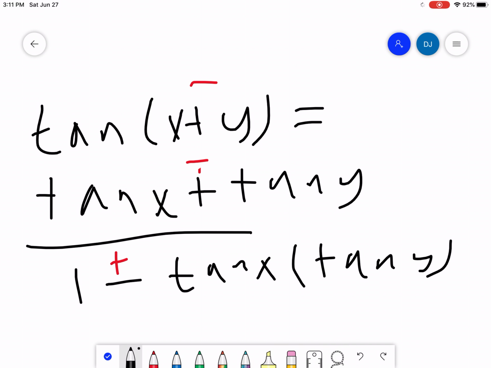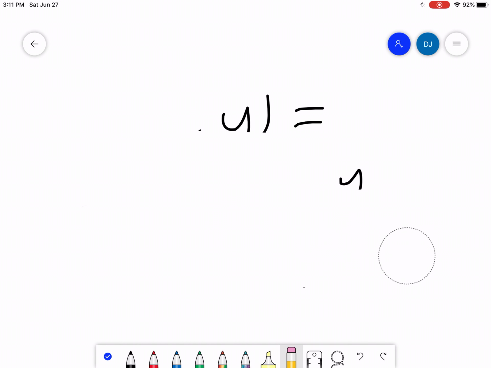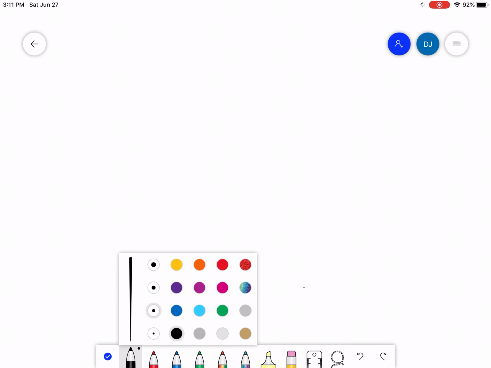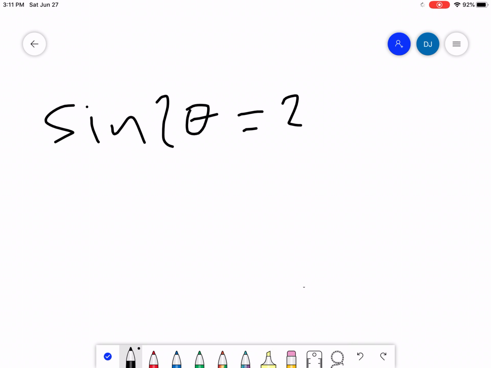Alright, now let's talk about double and half identities. Let's talk about sine of 2 theta. Sine of 2 theta is the same thing as 2 sine of theta times cosine of theta.